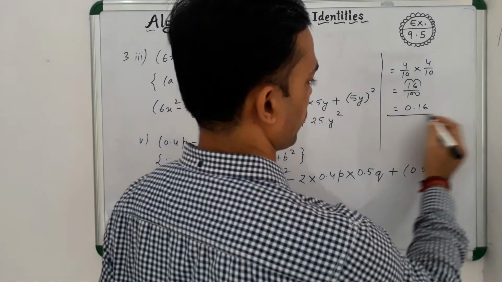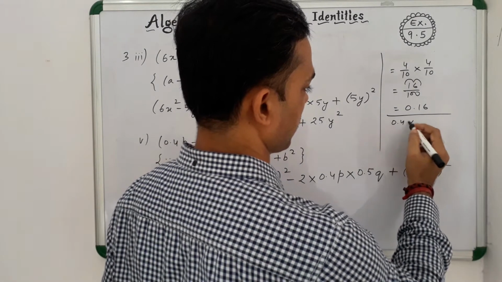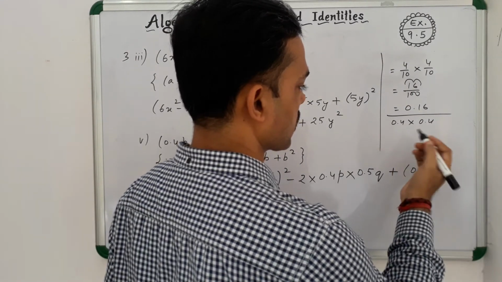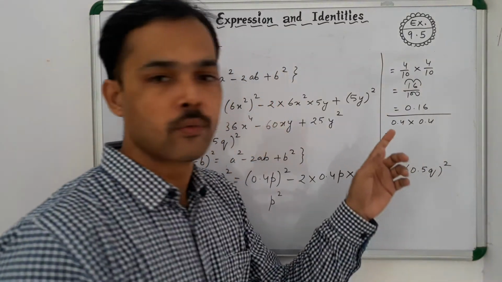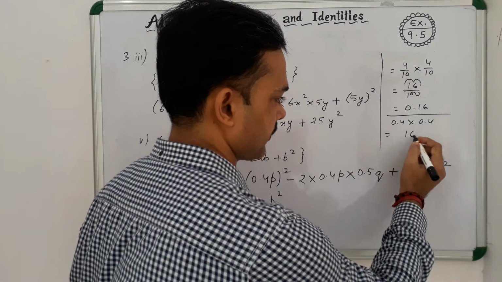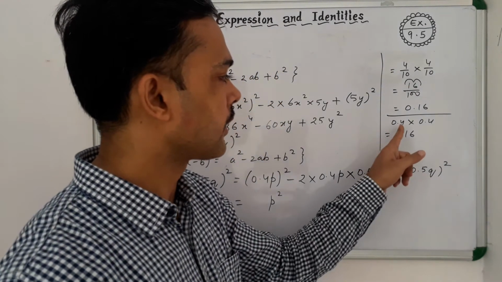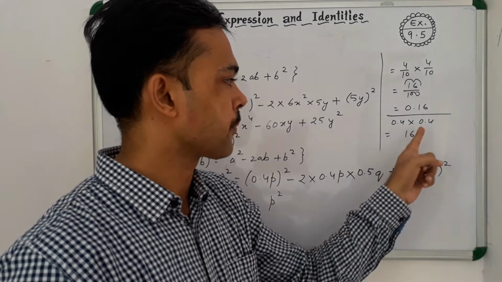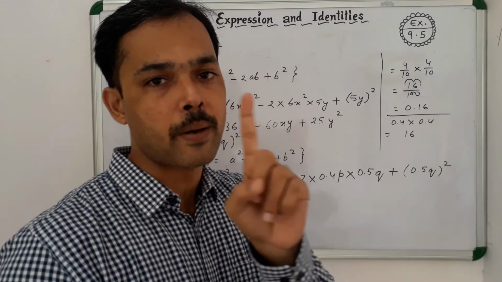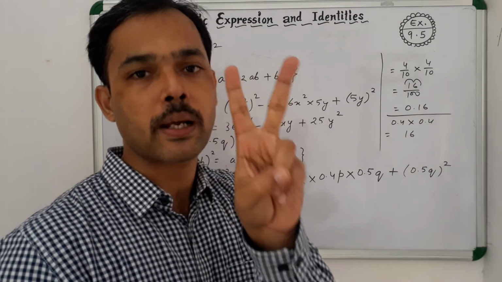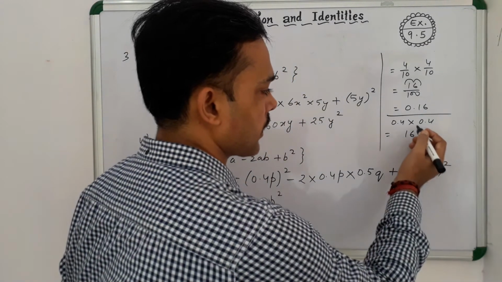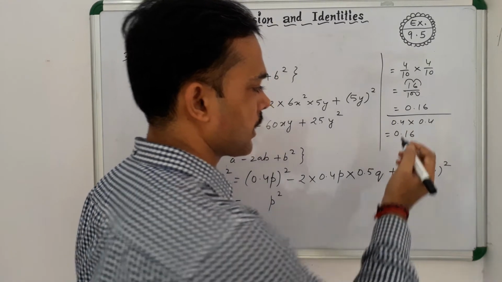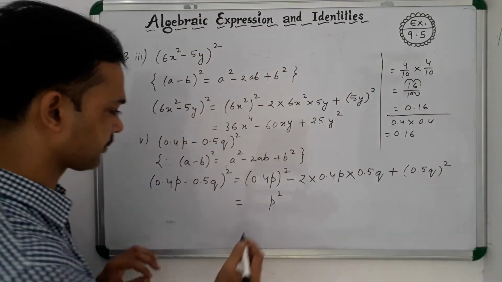Or if you are doing it in this manner, then 4 into 4 will be 16. In the decimal part here there is one digit, and in this one also there is one digit, so total becomes 2. So shift the decimal 2 places, thus it will be 0.16.